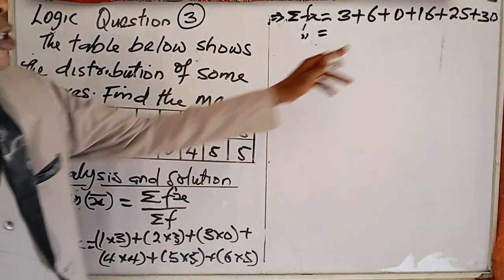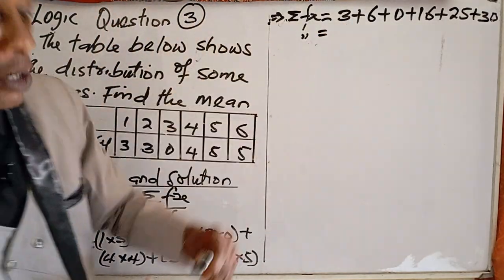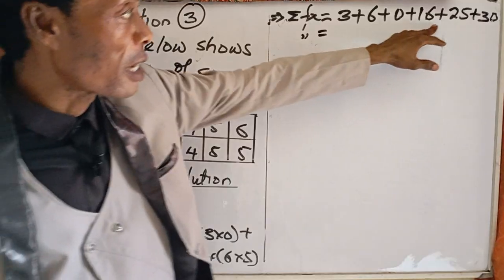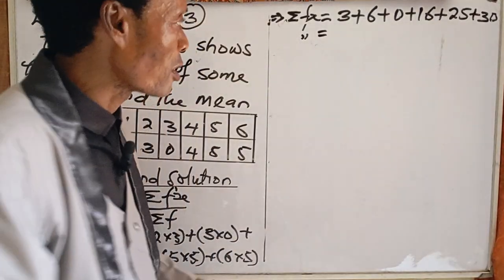Then adding everything together, that's 3 plus 6 plus 0 plus 16 plus 25 plus 30, which will give us 80.